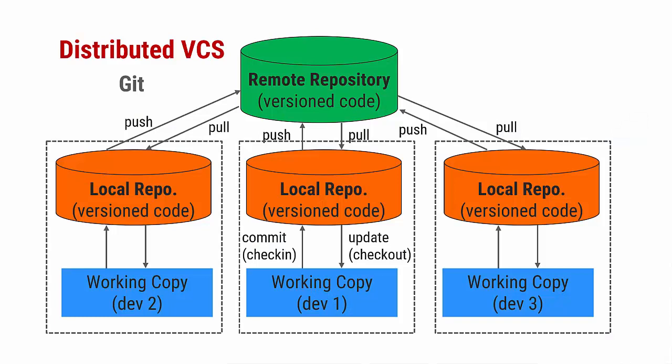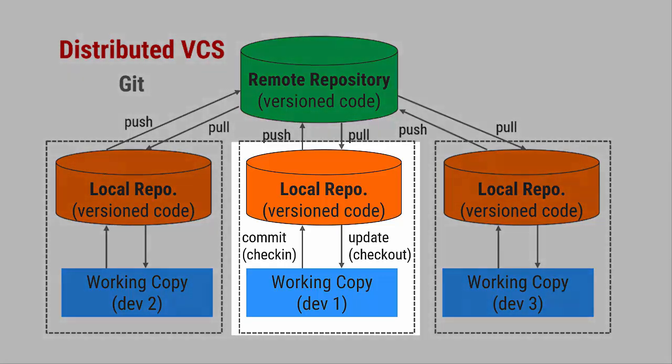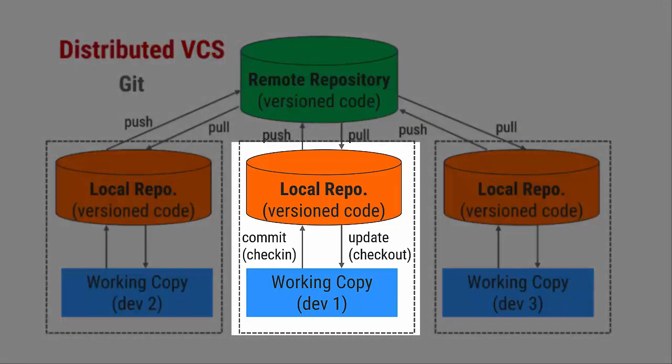Now here, this is the illustration from one of the previous lectures. So it's a distributed version control system, and we know that Git is an example of this. Now the key thing here is on every developer's machine, there is a working copy and also a local Git repository. So what it means is the developer can maintain multiple versions of his or her code right there on his or her machine.